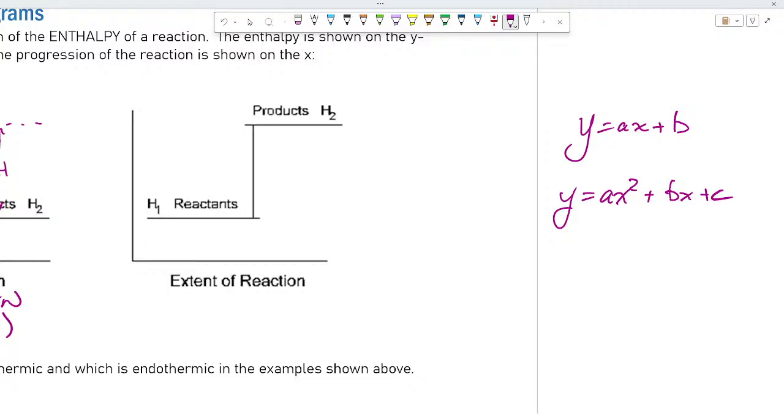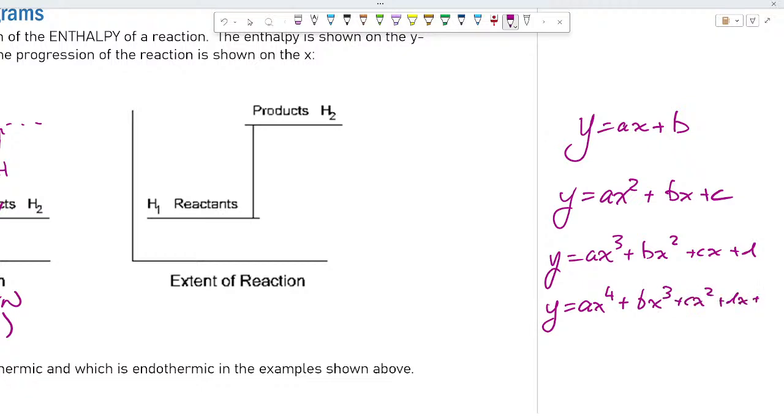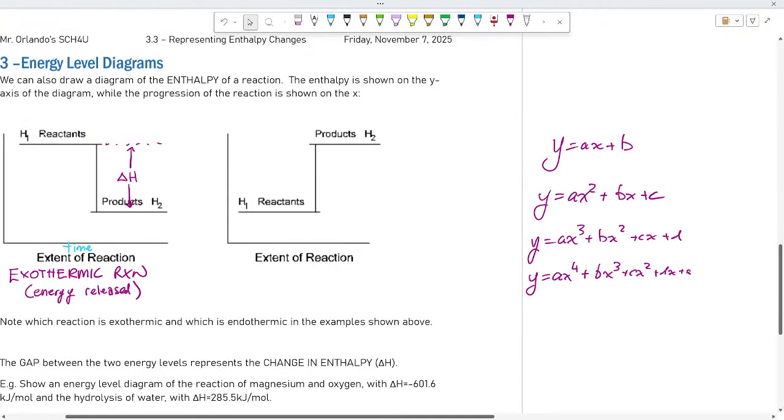Squaric is clearly better. It should be a squaric relationship. A cubic is ax cubed plus bx squared plus cx plus d. And then a quartic is ax to the fourth plus bx cubed plus cx squared plus dx plus e. So yeah, welcome to chemistry, team. Get excited. We're doing polynomials.